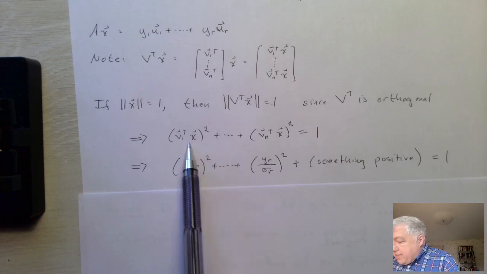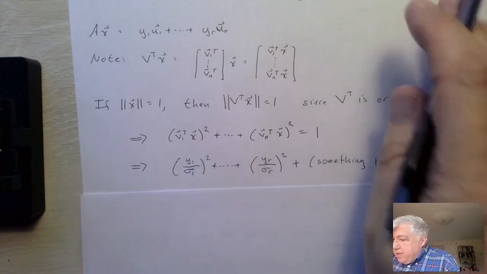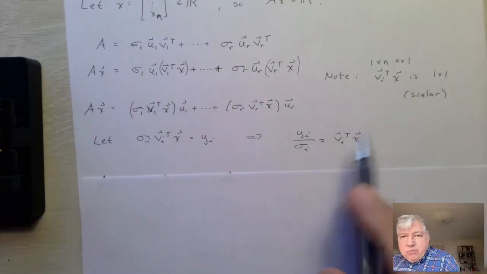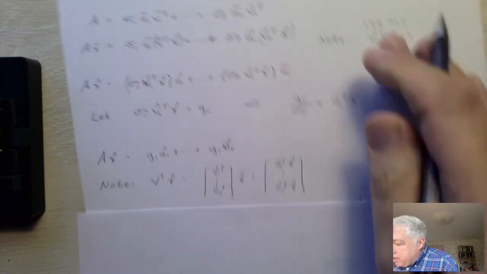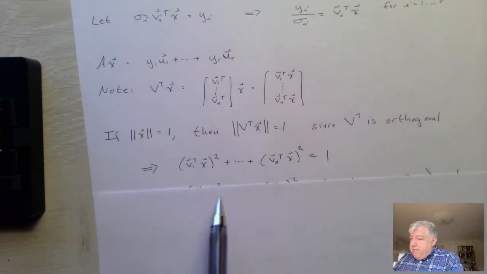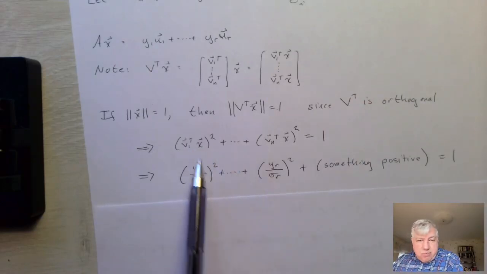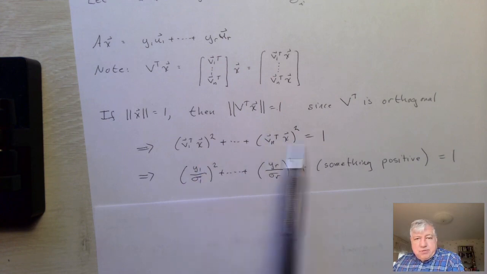Now, this only holds for i equals 1 through r. So we can substitute for the first r terms here. We can replace V_i transpose X with y_i divided by sigma_i, but then we have some other stuff.